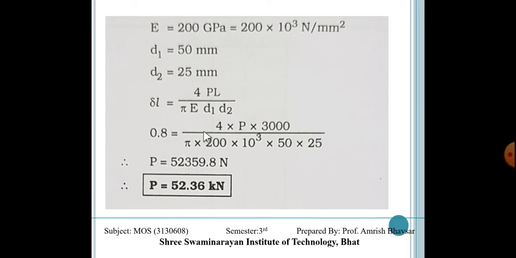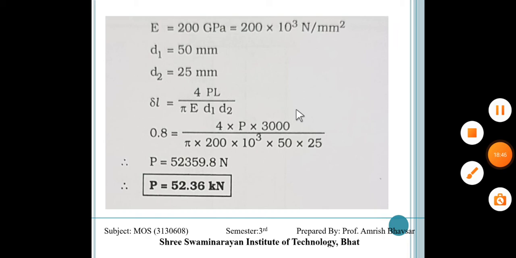So we will get P from this equation, that is 52,359.8 Newton. But when we convert it into kilonewton, P is equal to 52.36 kilonewton.